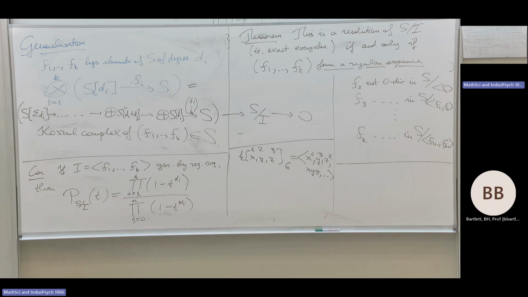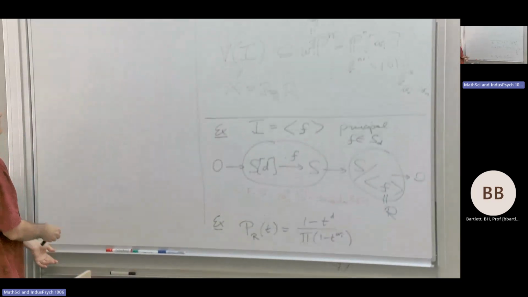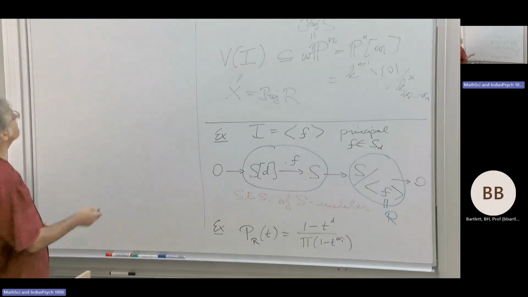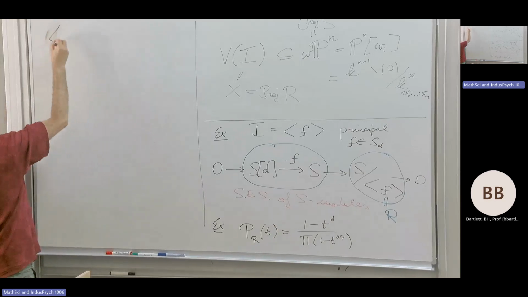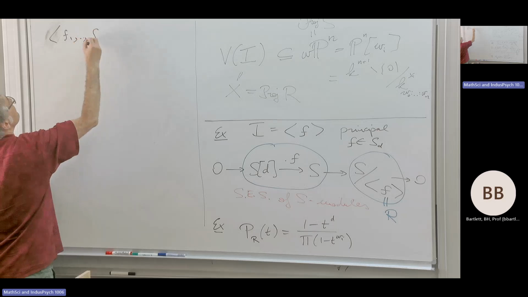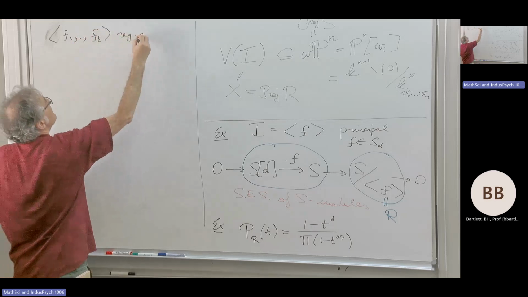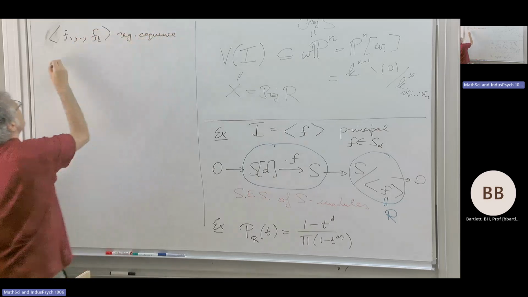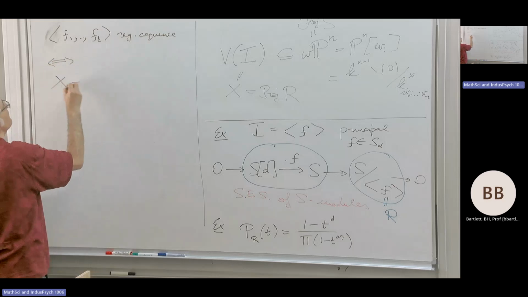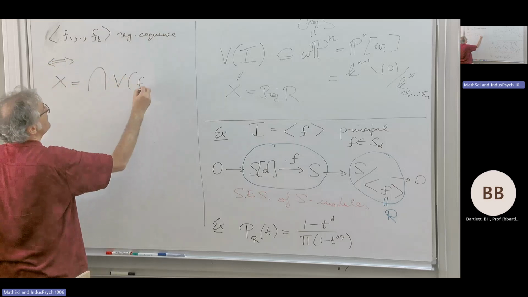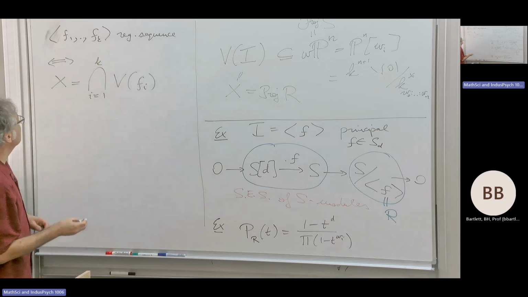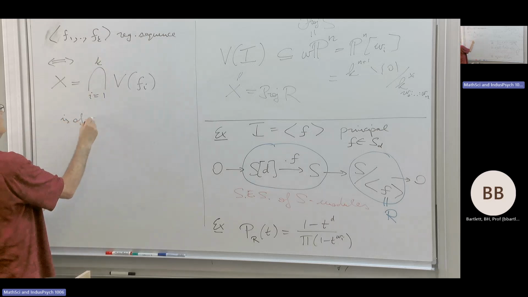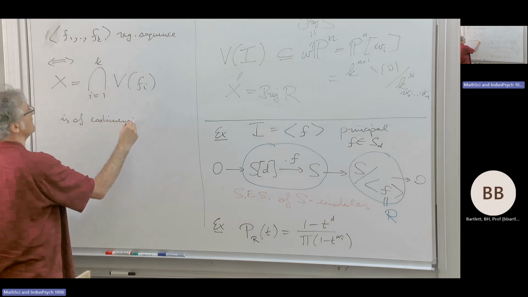So let me just say what a regular sequence says geometrically. This is an if and only if: F1 through Fk form a regular sequence if and only if X, the intersection of these hypersurfaces for i equals 1 to k, is of codimension k.